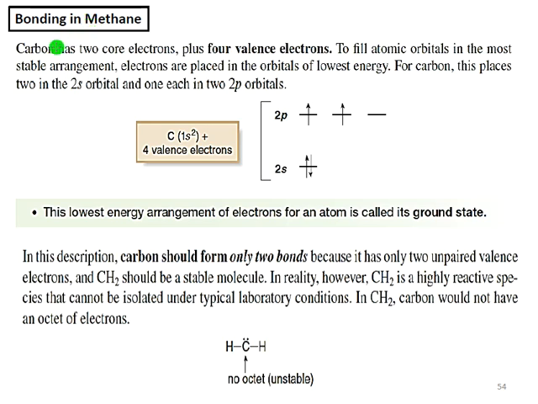Bonding in methane. The carbon has 2 core electrons, okay, plus 4 valence electrons. That means 2 electrons in the first shell and 4 electrons in the second shell. Okay, to fill atomic orbitals in the most stable arrangement, the electrons are placed in the orbitals of the lowest energy.